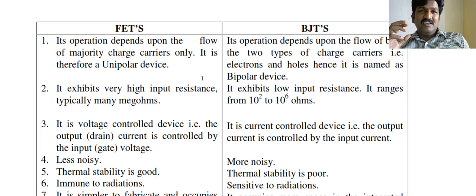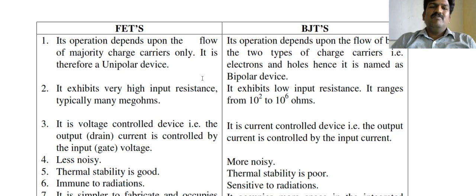But in the FET, gate to source is always reverse biased. When it is always reverse biased, the circuit is open circuited. That open circuit behaves as high input resistance.